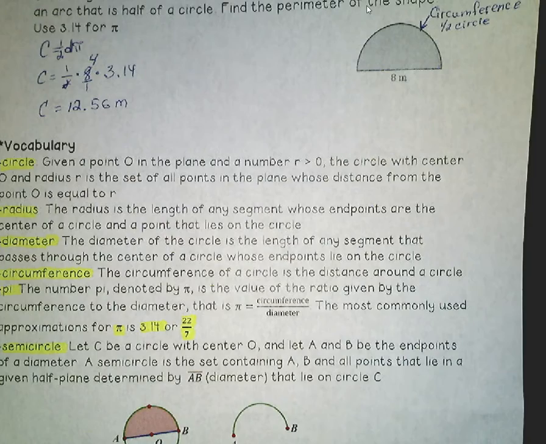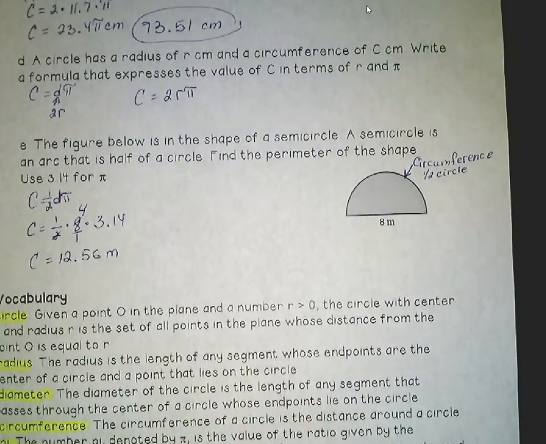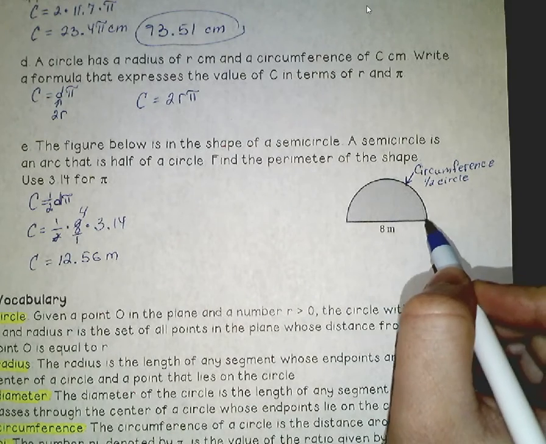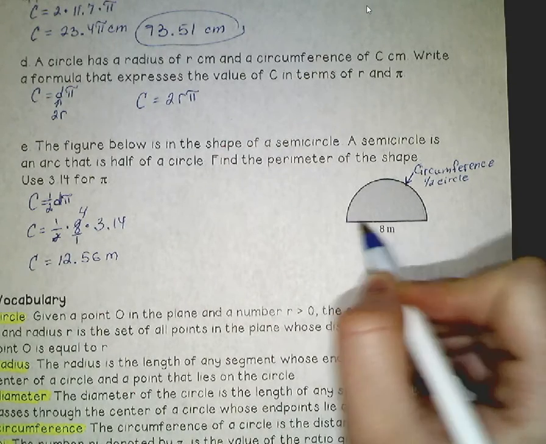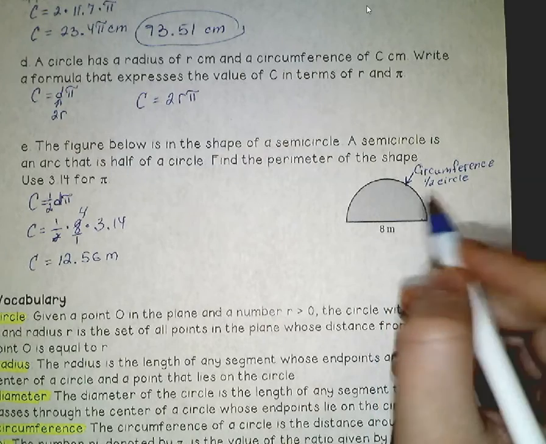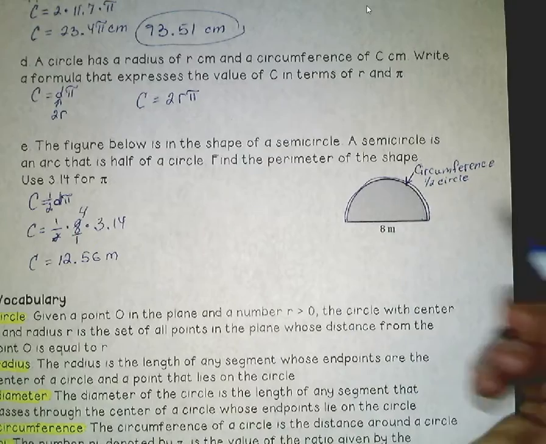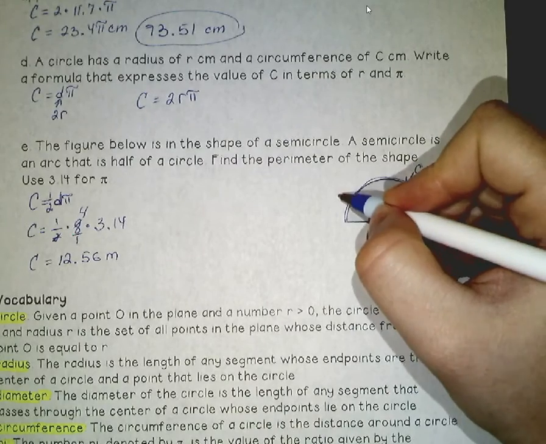One thing I just realized is that we haven't finished problem E. We found the circumference of the semicircle, but we haven't found the perimeter. With perimeter, I have to add that missing side. So what I found is 12 and 56 hundredths, which is the circumference of half a circle.